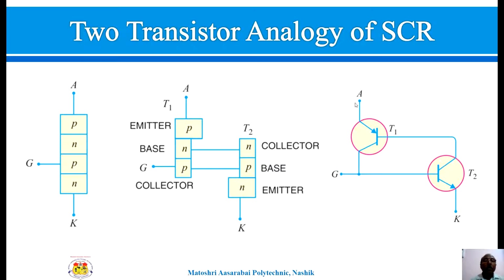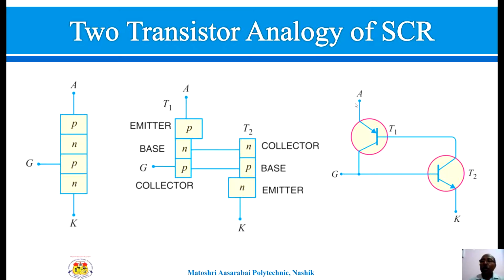These transistors have terminals emitter, base, collector. Here we can see that the anode and cathode terminals are the emitters, and the base and collector of the two transistors are connected to each other.